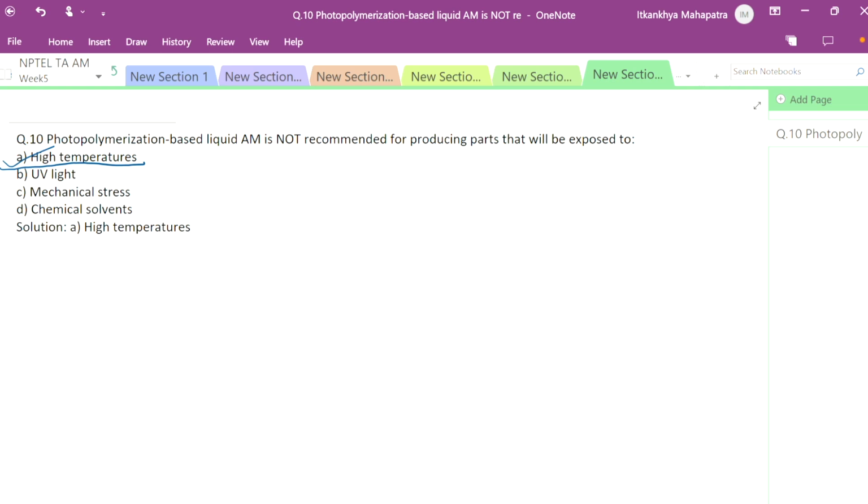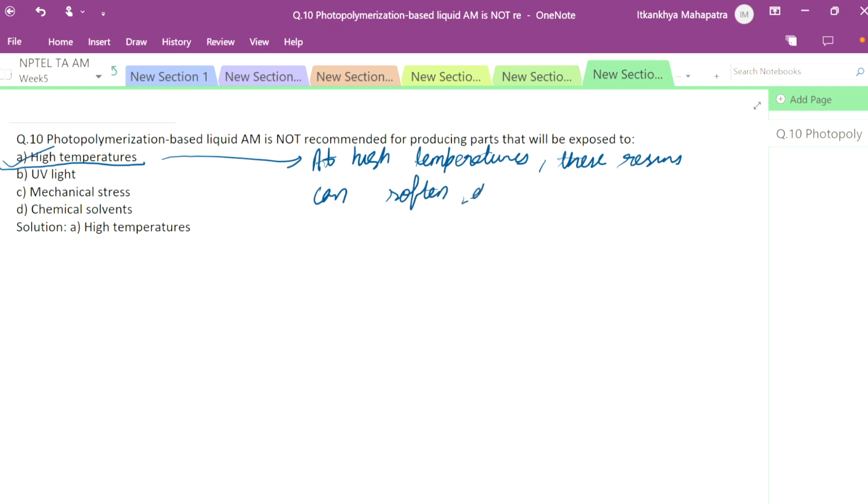Photopolymerization resins used in liquid additive manufacturing processes have limited thermal stability. When exposed to high temperatures, these resins can soften, deform, or melt.